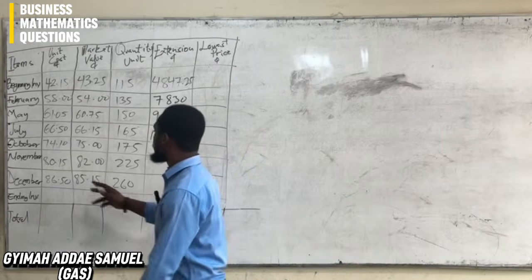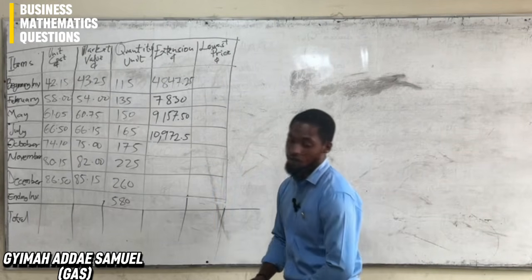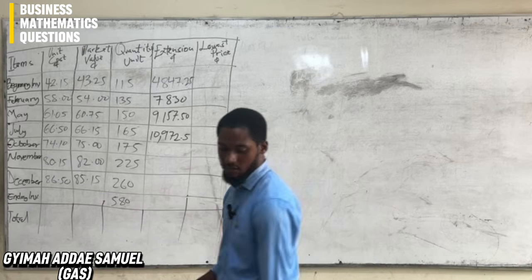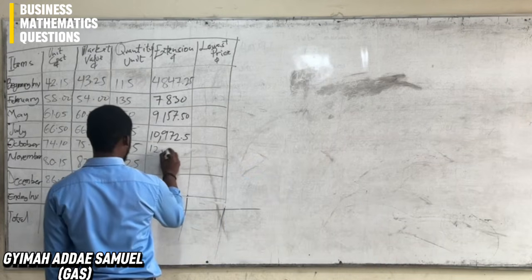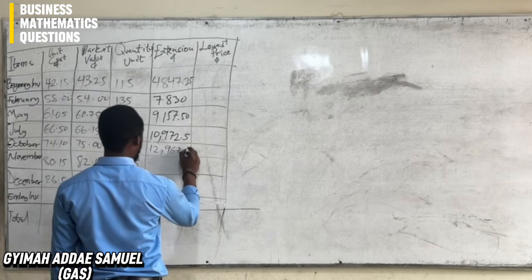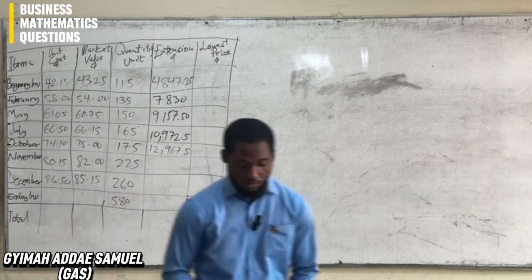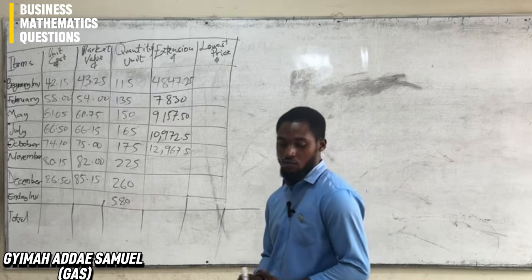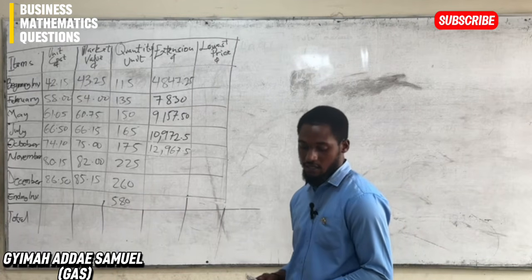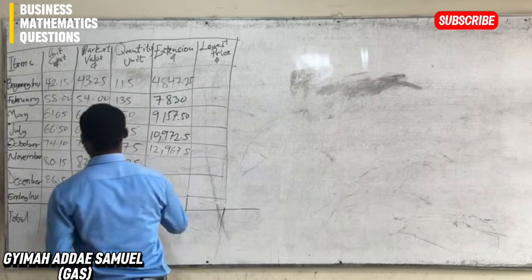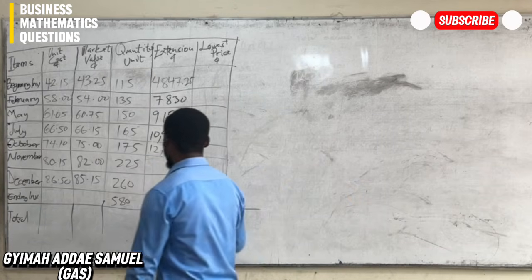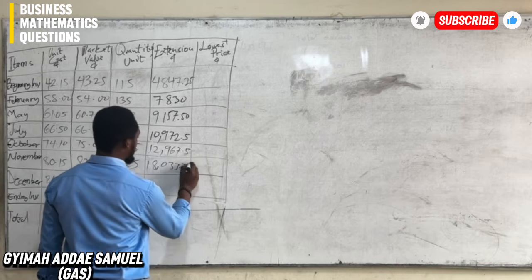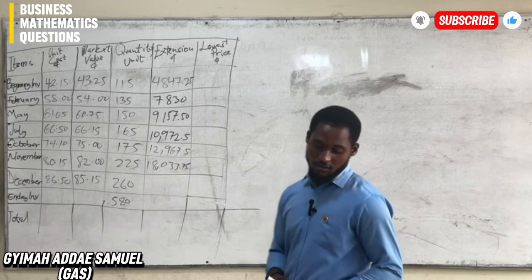So we proceed by multiplying 74.10 by 175, and we are getting 12,967.5. And we proceed to multiply 80.15 by 225. You're getting 18,033.75.